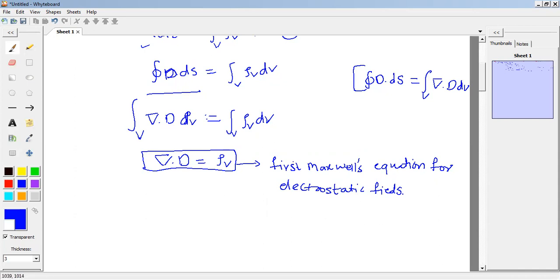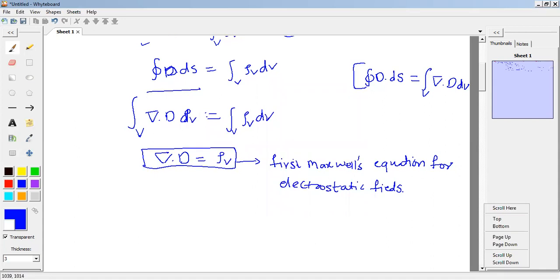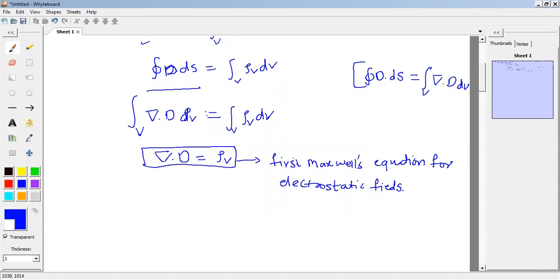Now we are going to discuss the second Maxwell's equation.